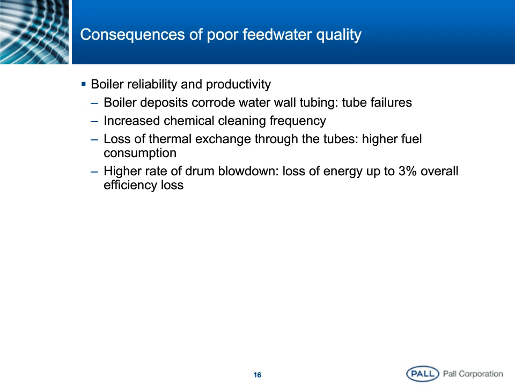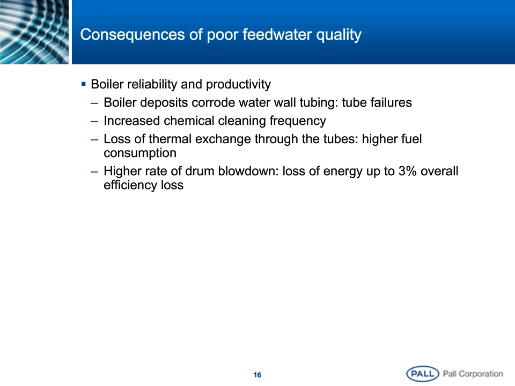But we'll also see that the presence of these solid contaminants increase the frequency of chemical cleans. They will affect the thermal exchange characteristics through the tubes. And we'll see that they can also increase the rate at which you have to blow down the drum. And this loss of energy can be up to 3%.